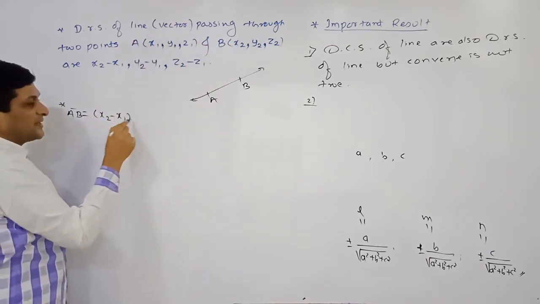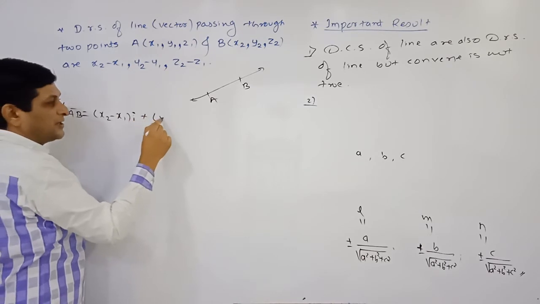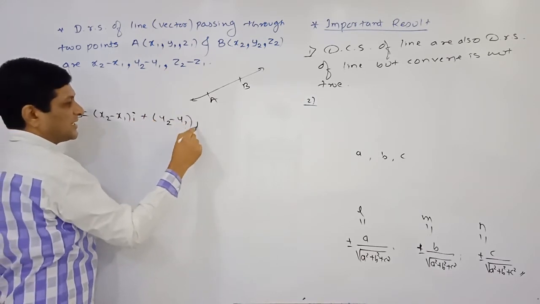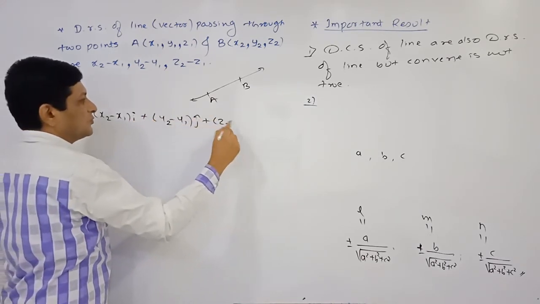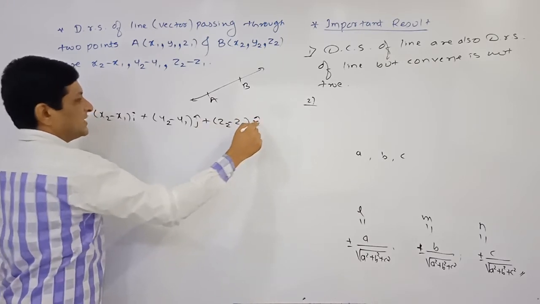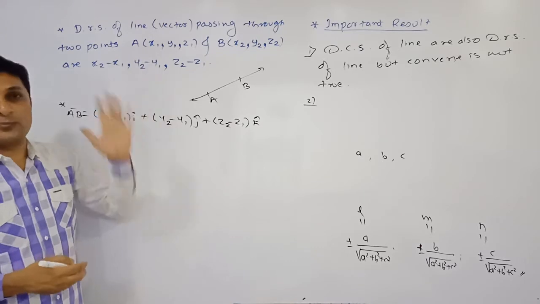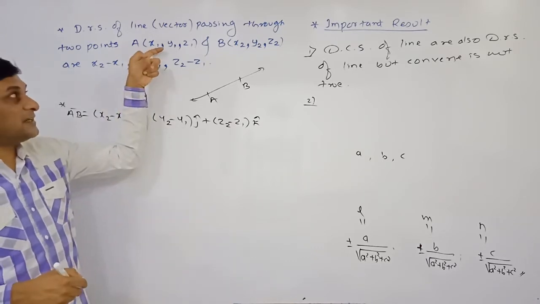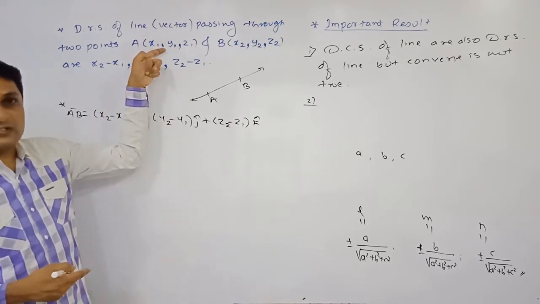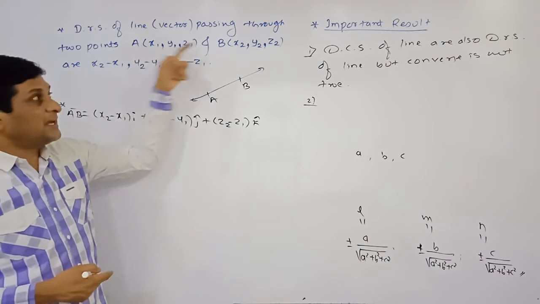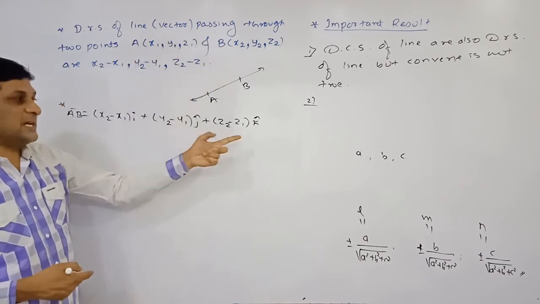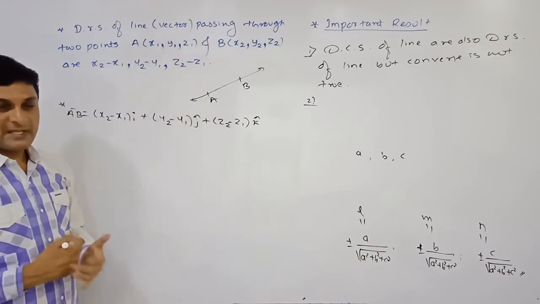X2 minus X1 I cap plus Y2 minus Y1 J cap plus Z2 minus Z1 K cap. Such an expression we got when we proved this result, where we considered the position vectors of point A and point B and took their subtraction, isn't it?